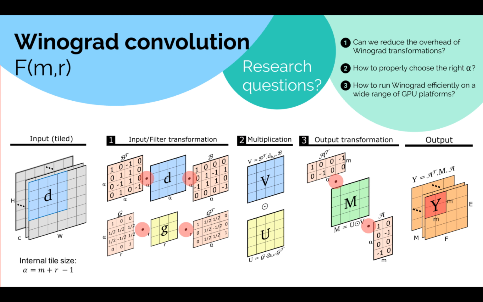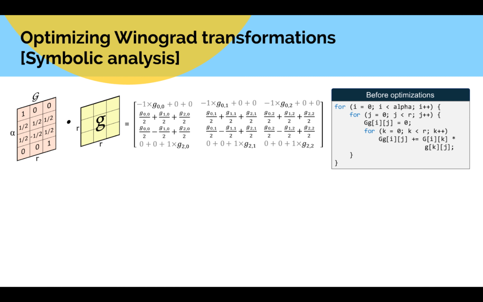Let's take a single Winograd transformation and see how we utilize symbolic computation to simplify the process and reduce the overall overhead. A rudimentary implementation of 2-dimensional Winograd transformation requires us to perform a matrix multiplication which takes 3 for loops to do the job. Imagine that we have 6 of these and they will impose a lot of overhead.